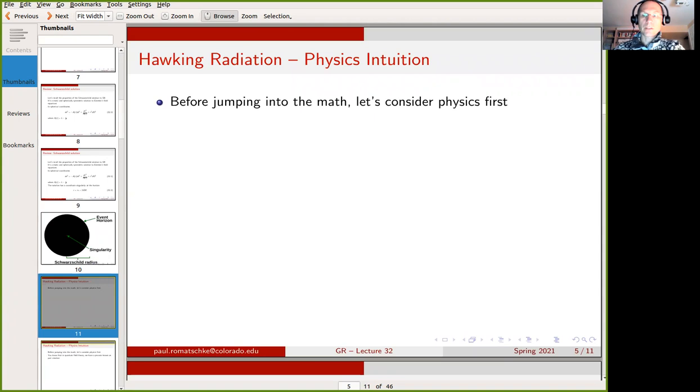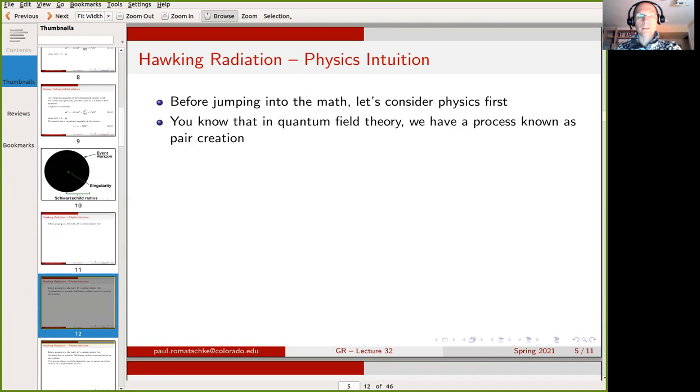So before jumping into the math and calculating some properties of this Hawking radiation, let's give the physics gist of what Hawking radiation is first. You have heard that in quantum field theory, there's a process that's known as pair creation.